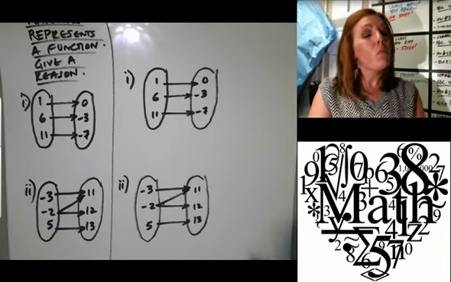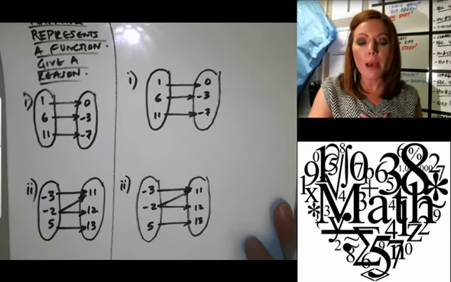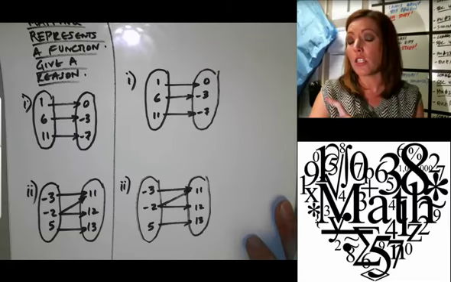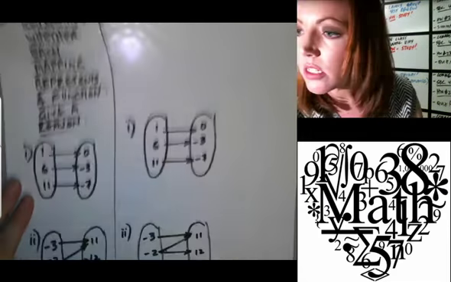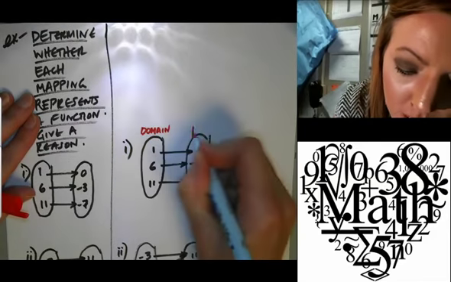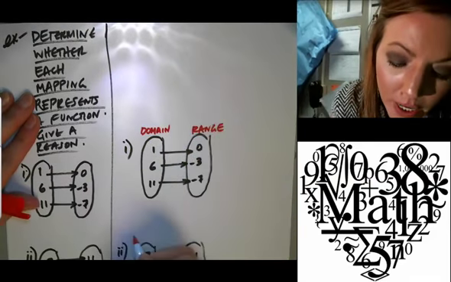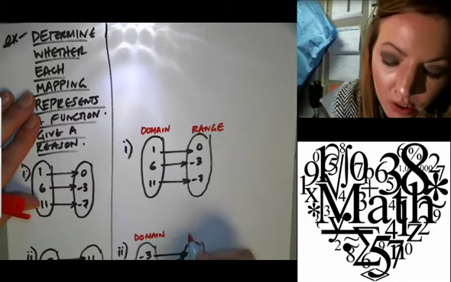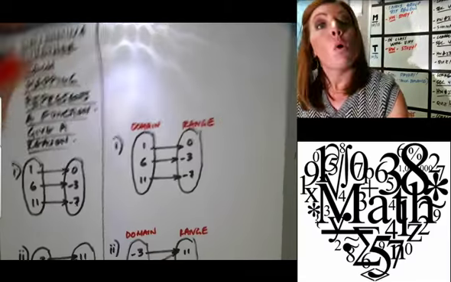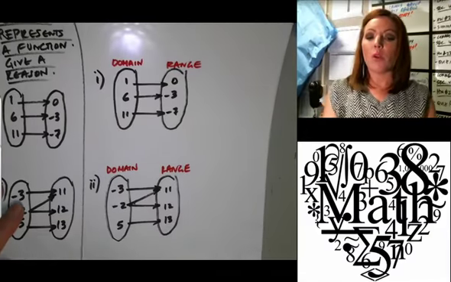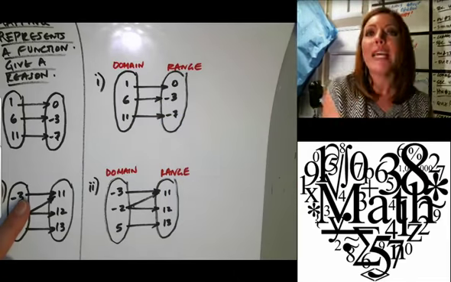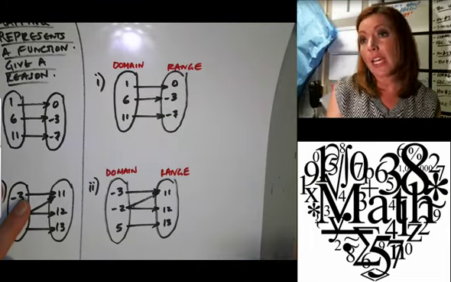So, remember what we said, functions. Every member of the domain is paired with one member of the range, okay? Each of these circles represents the domain, and this represents the range. What we're looking for is, do each of the x values, or the domain, have only one y value associated with them?